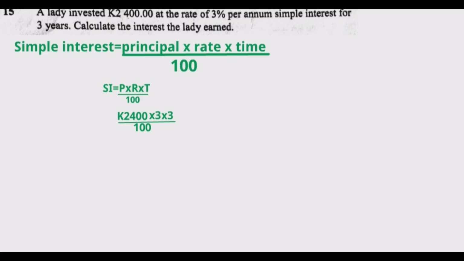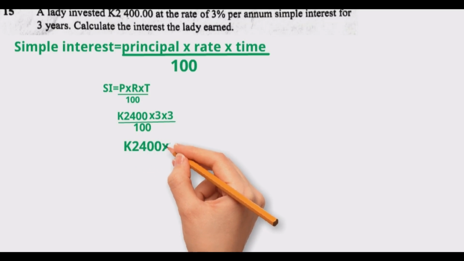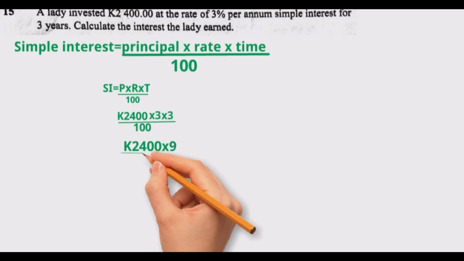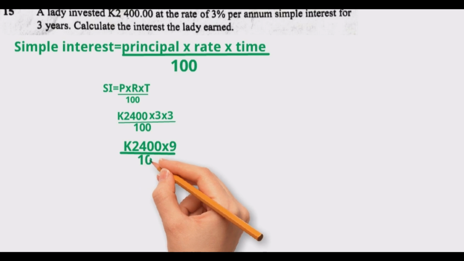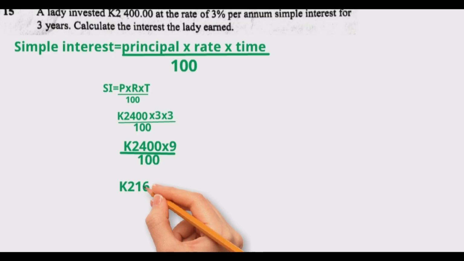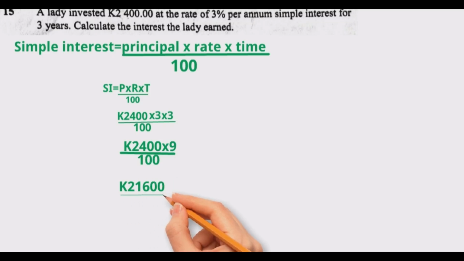So we're going to say 2,400 multiplied by 3 multiplied by 3. 3 multiplied by 3 is 9. So SI will be equal to 2,400 multiplied by 9 over 100, which will be equal to 21,600 over 100.